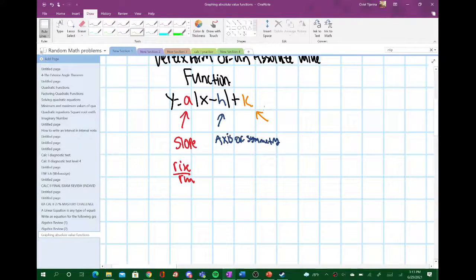And then this part is k, and it represents the y value of the vertex. Now the vertex should be h comma k, right?